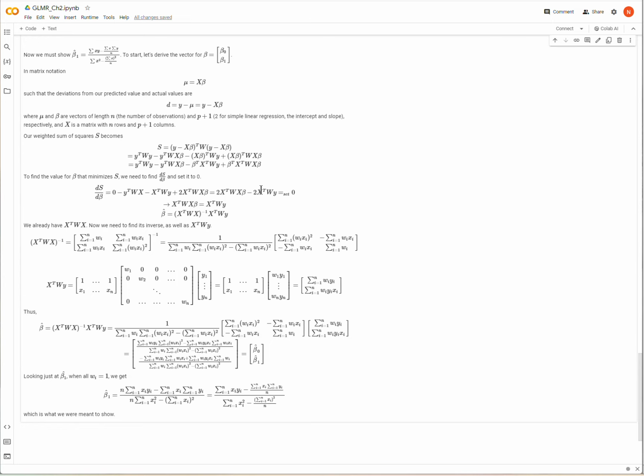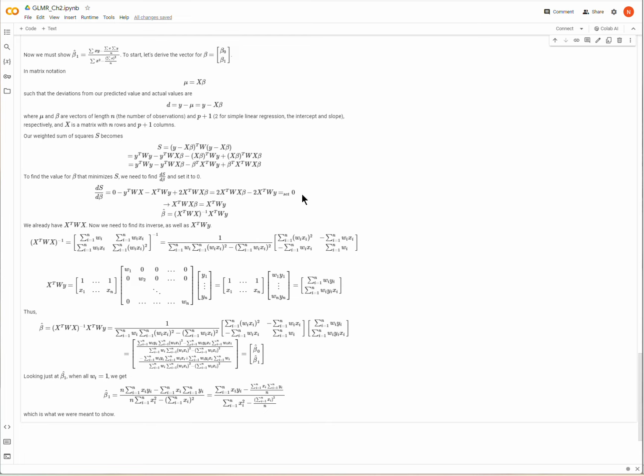The derivative for that last part is this. It turns out that this expression and this expression, both highlighted, are actually equal to one another. So I just have two of these, I have negative 2 of these. So I have negative 2 x transpose W y, and then 2 x transpose W x beta.